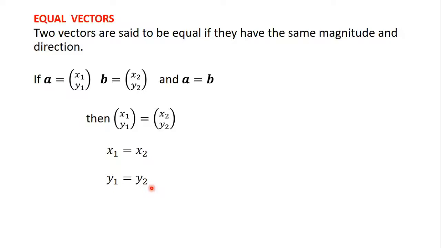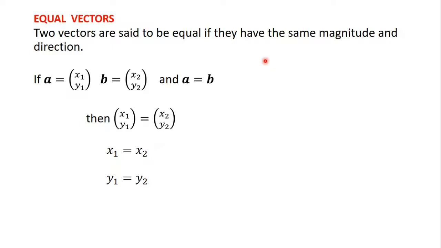So if two vectors are equal, then the x component of one vector is equal to the x component of the other vector, and the y component of one vector is also equal to the y component of the other vector. If you have two vectors like that, we say that they are equal, and those two vectors will have the same magnitude and direction.